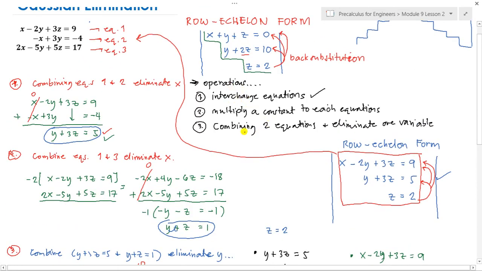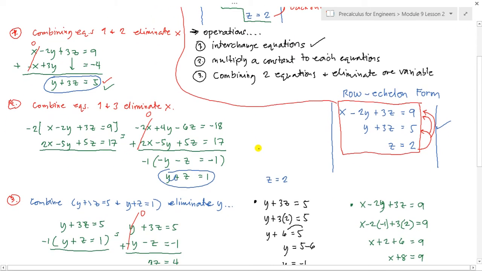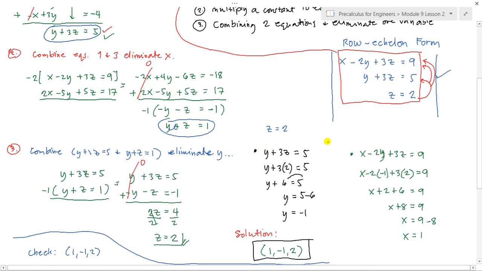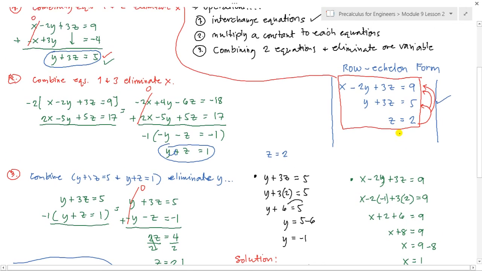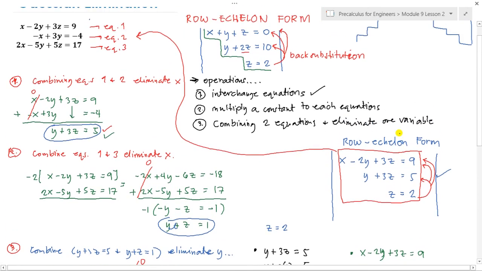You can only do this: multiply, interchange equations, combining two equations to eliminate one variable. After you get the row echelon form, then it would be easier for you because you just use back substitution in order to solve for the rest, the y and x. So, did you understand so far, class?